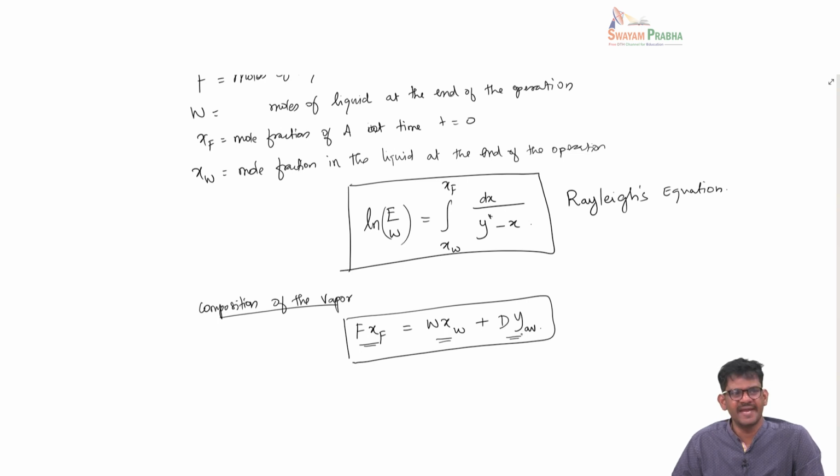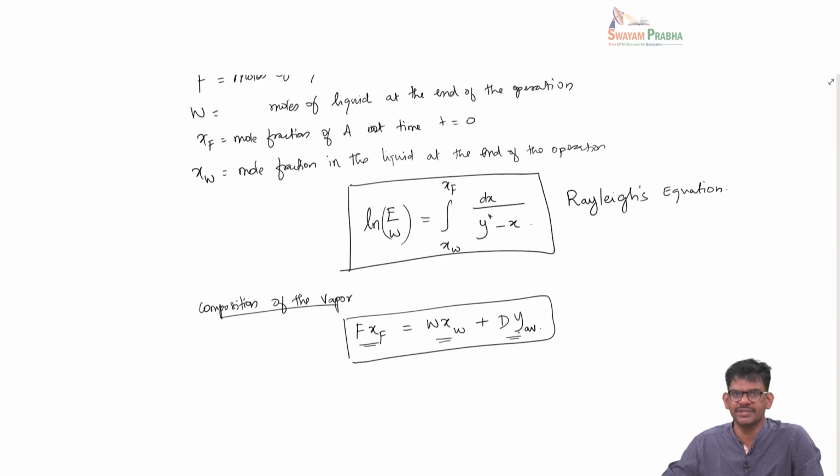But we are writing y average because the composition of the vapor keeps on changing. Initially it was very rich, and then as you continue the operation, the y was decreasing. So this kind of a mass balance will tell you an average vapor composition. Okay, so sometimes we ask, what is the average composition of the vapor phase after the batch distillation is over? So you apply this kind of mass balance.